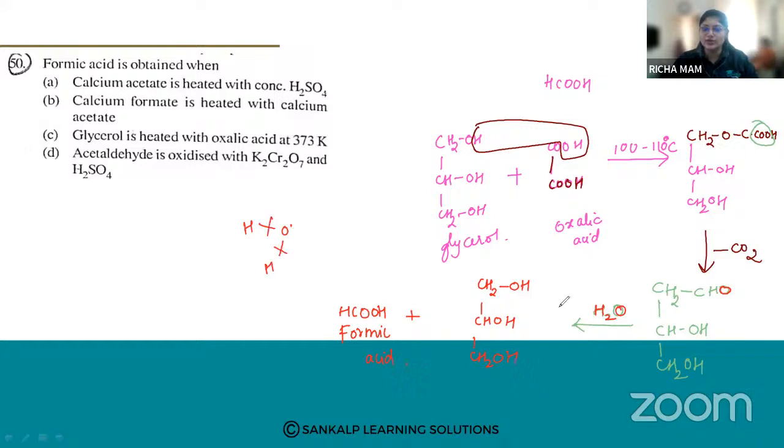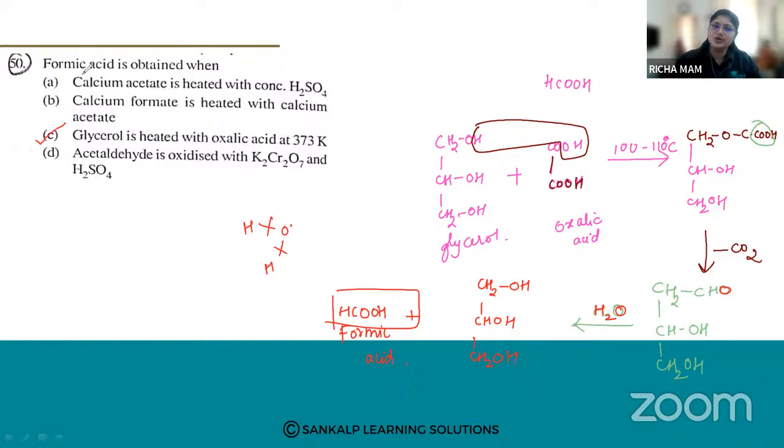One molecule of water is added at this molecule, so you'll get formic acid and glycerol back. So this is your glycerol. We are heating the glycerol with oxalic acid, and these are the reactions which take place. So you get option number C.